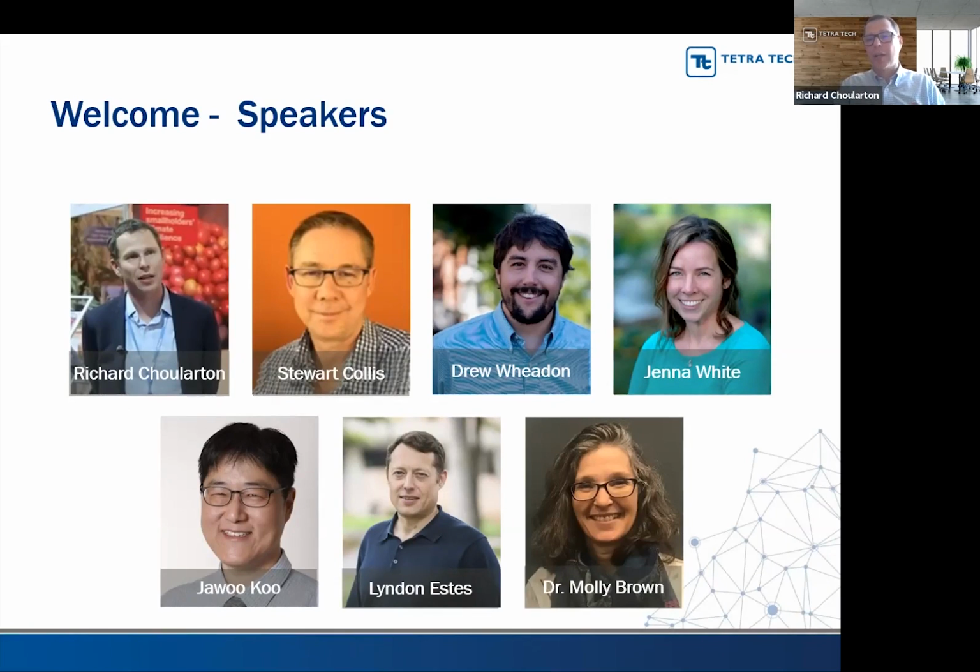Stuart Collis, Senior Program Officer leading the Gates Foundation's work on digital agriculture, is joining us. Drew Whedon, an associate in the Agriculture and Economic Growth team at Tetra Tech, and co-leading this initiative with me, will also be here.